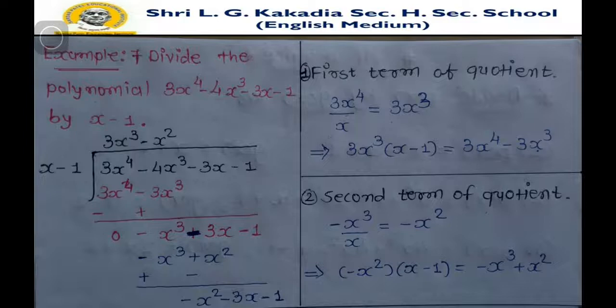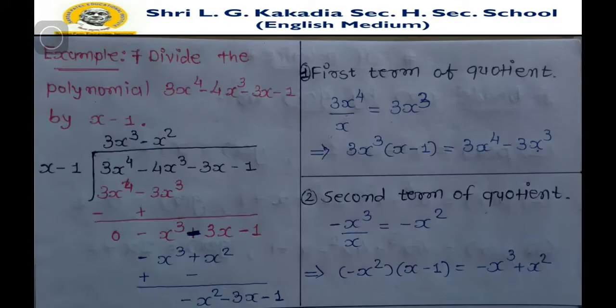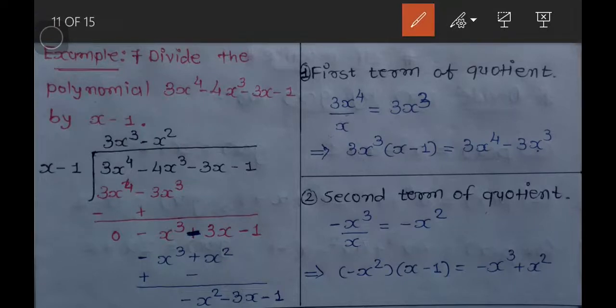Our first step is to find the first term of the quotient. How can we find it? We divide the first term of the dividend by the first term of the divisor.